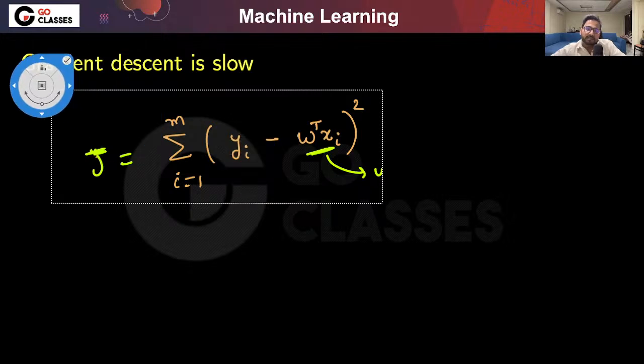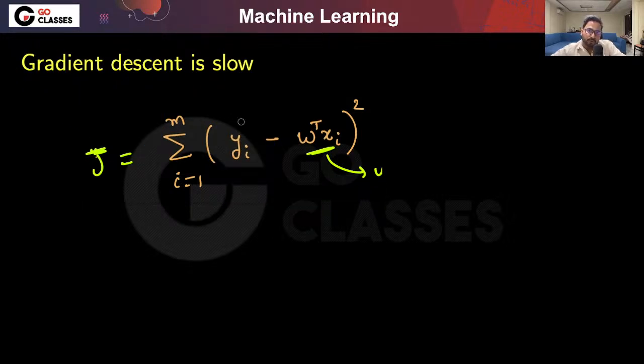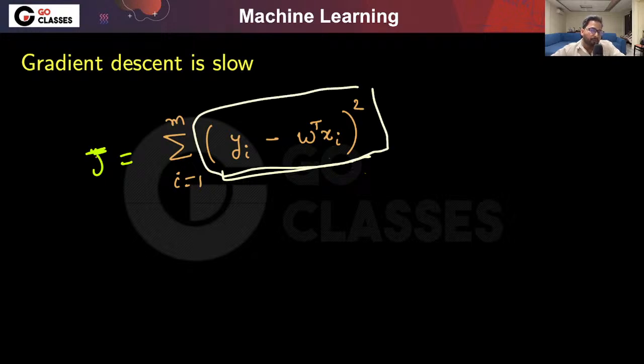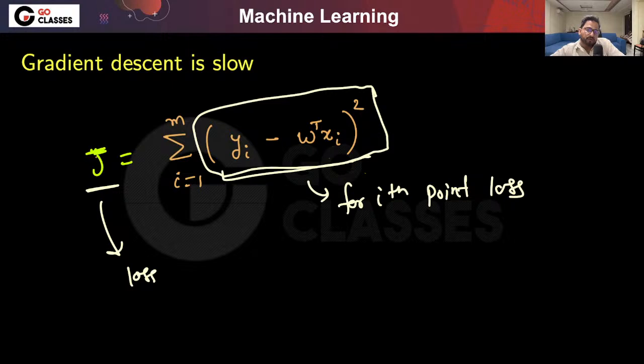Okay, so this is the loss for your data, or you can say it is the train loss. Just for the nomenclature, I'm calling this the loss for an individual point. This is the loss or the squared error for the individual point. For the ith point, it is the loss. This is the loss for the whole data.